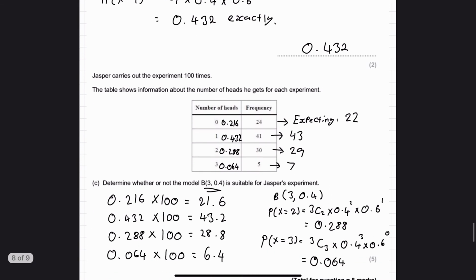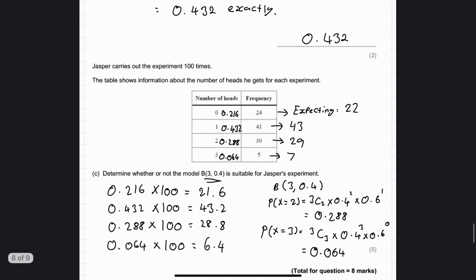Now, Jasper is doing this experiment 100 times. So basically, 100 times, he's flipping a coin 3 times and counting how many times it lands on a head. And the probability of success each time we think is 0.4.